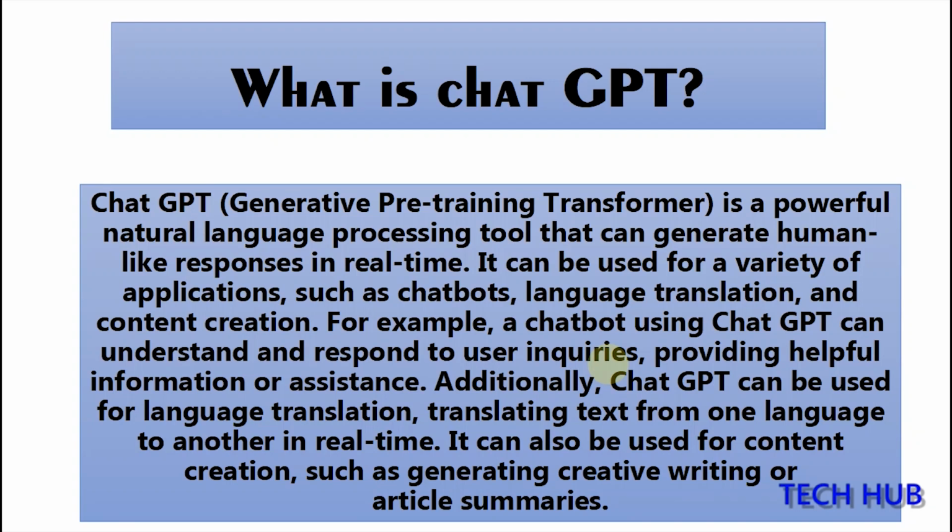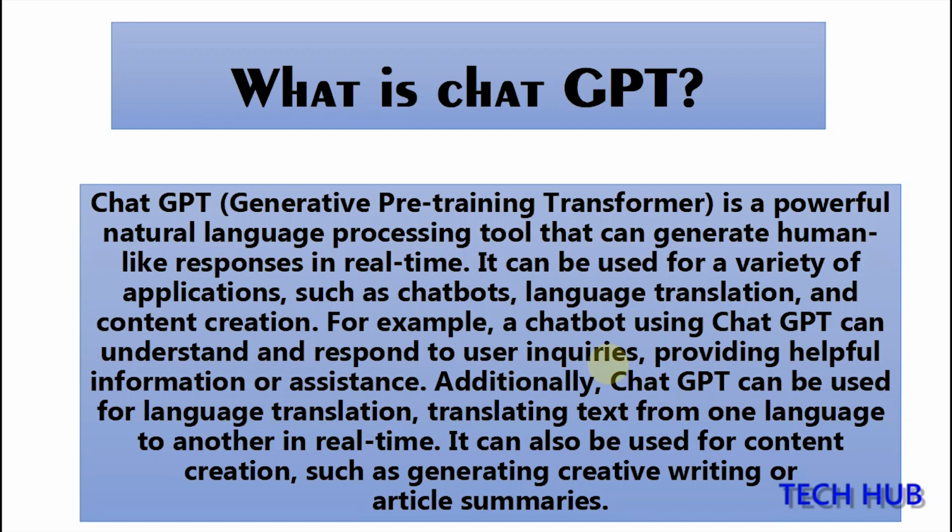Additionally, ChatGPT can be used for language translation, translating text from one language to another in real time. It can also be used for content creation, such as generating creative writing or article summaries. So, as you can see, it's a very powerful AI tool that you can use to do a lot of things, as it's stated along in this course.